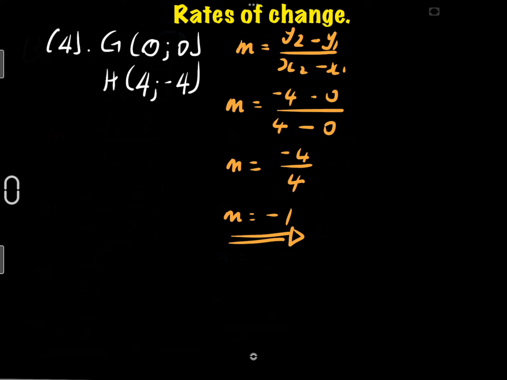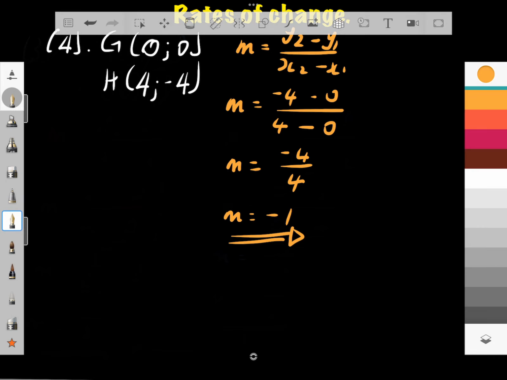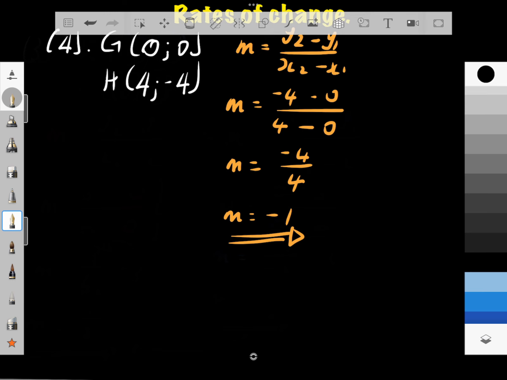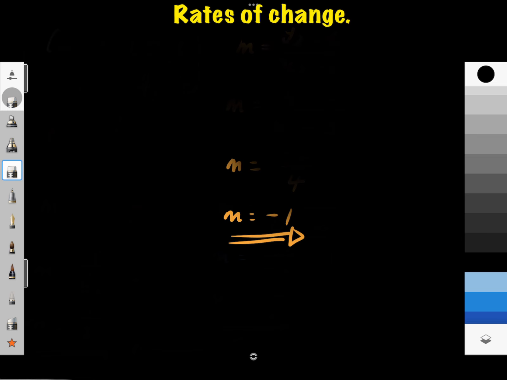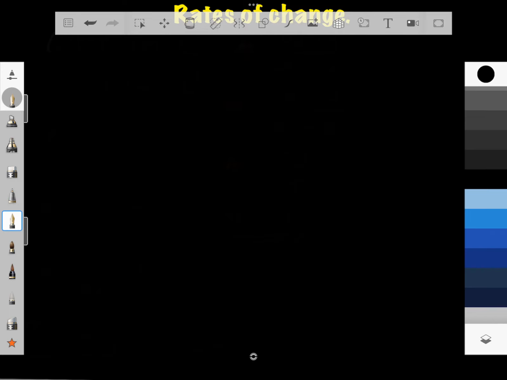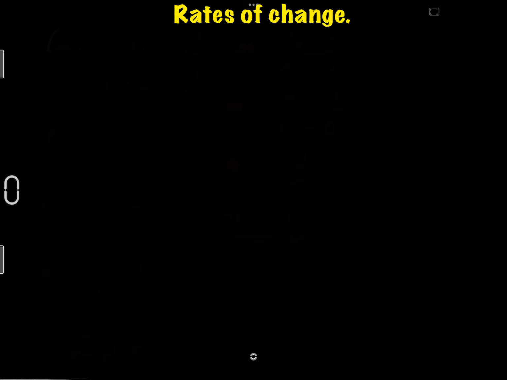Once again, for this fourth example, let's look at a couple of other values or coordinates. Okay, that was example number 4, now example number 5.